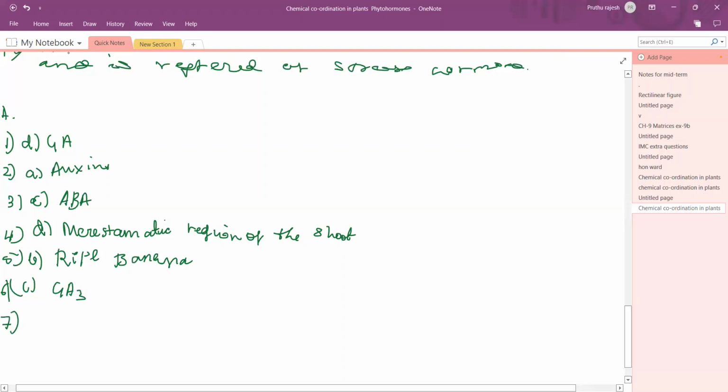Stems are positively geotropic and negatively phototropic; positively geotropic and positively phototropic; negatively geotropic and positively phototropic; negatively phototropic and negatively geotropic. So stems are negatively geotropic and positively phototropic. Option number C.